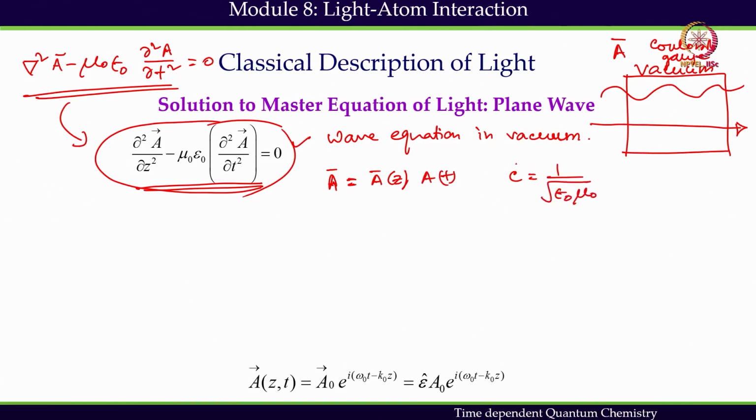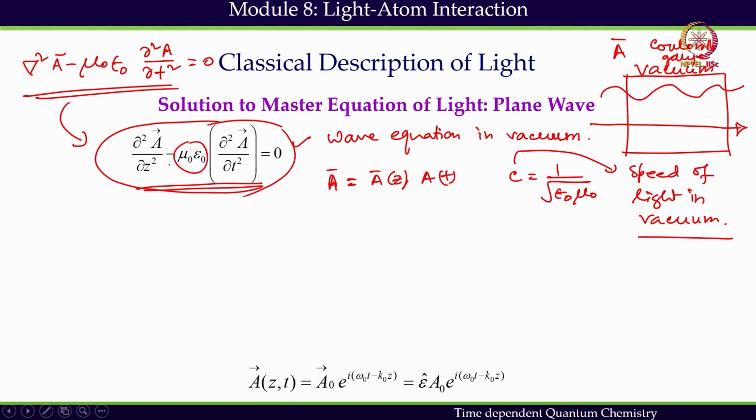We'll see later that c would finally be representing the speed of light in vacuum, and c will turn out to be the speed of light.